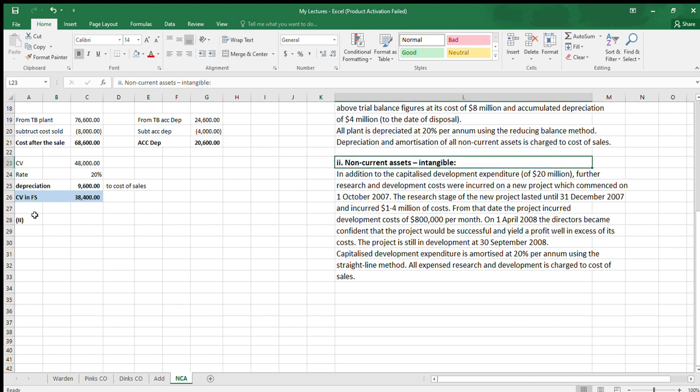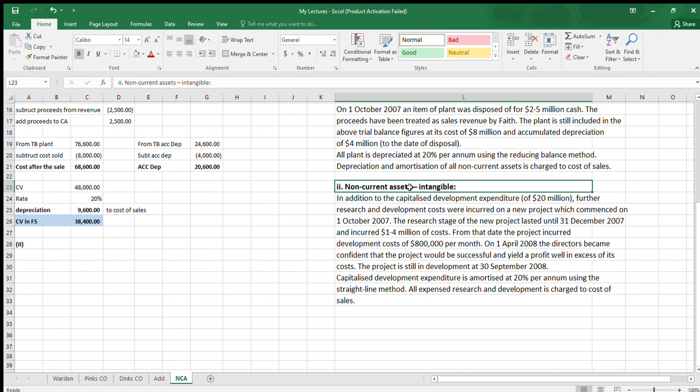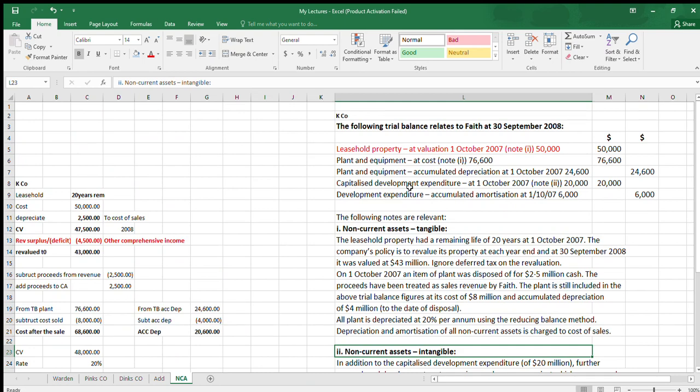Note II says, in addition to the capitalized development expenditure of 20 million, this is the capitalized development expenditure as at 1st October 2007.